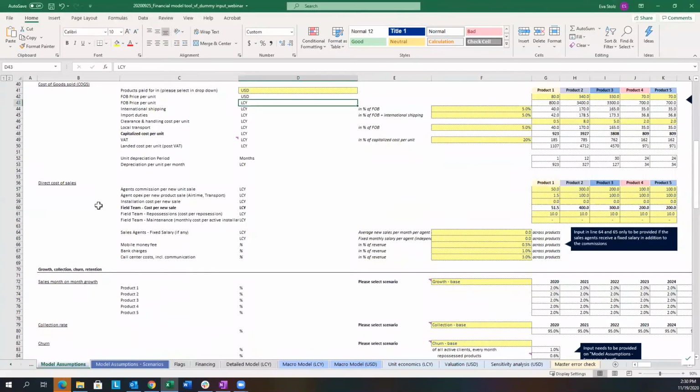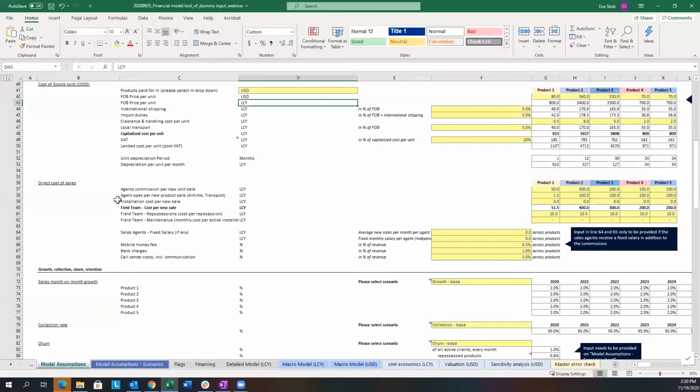Then here you have to indicate the direct cost of sales. So this is basically the costs that increase in line with the units sold. And the main ones we've included are the agent commission per new unit sale, then the agent OPEX per new unit sale, such as airtime and transport, then any installation costs that you might have per new sale.